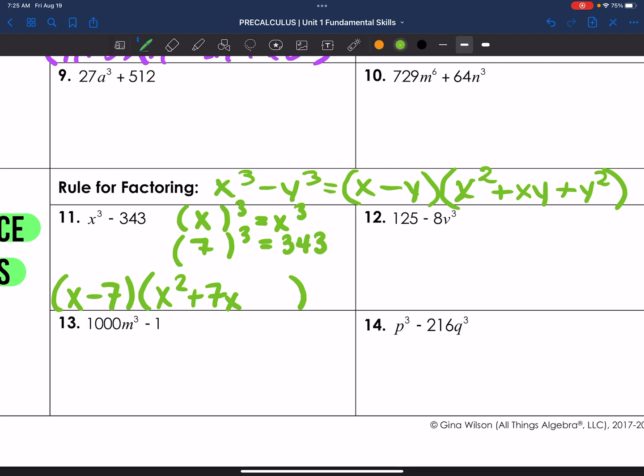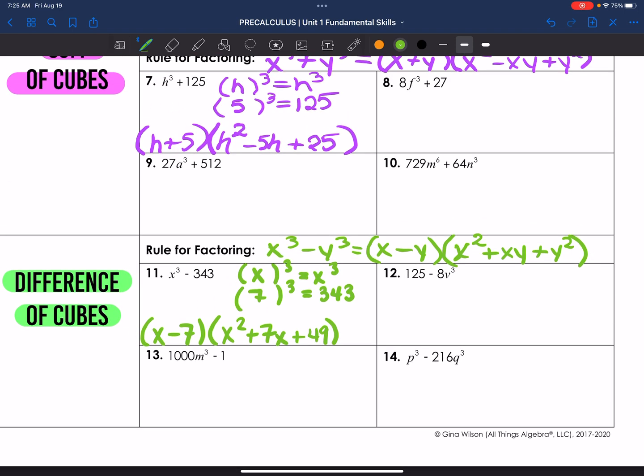So we're going to take 7 and square it, and that is 49. So there you have it, y'all. Those would be the factors that, if you were to distribute them, would equal that cubic binomial there.